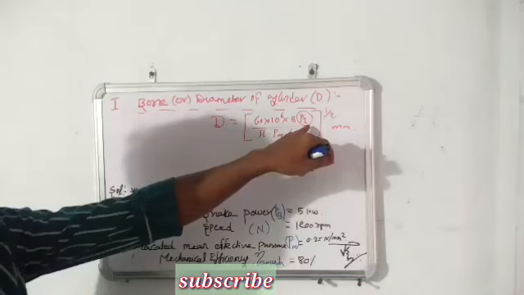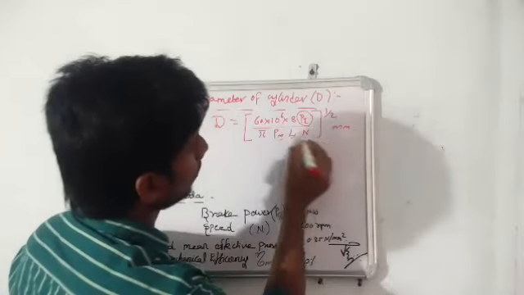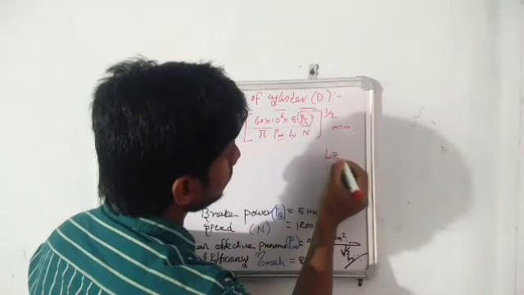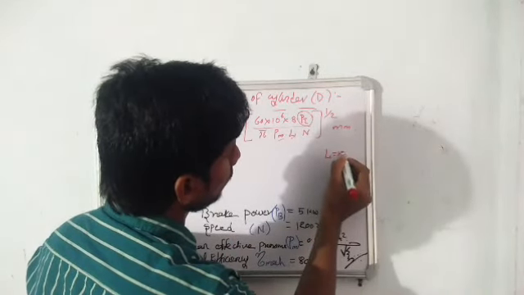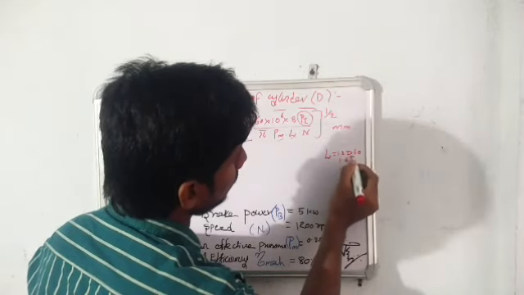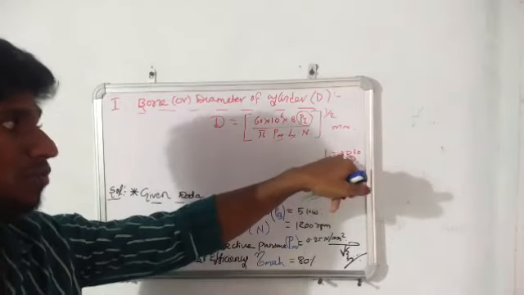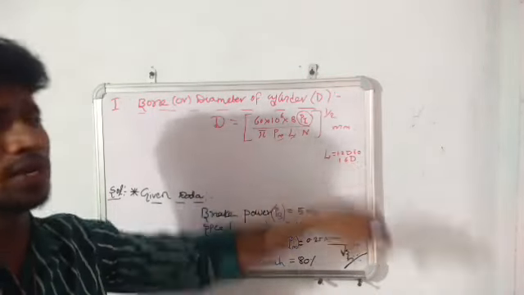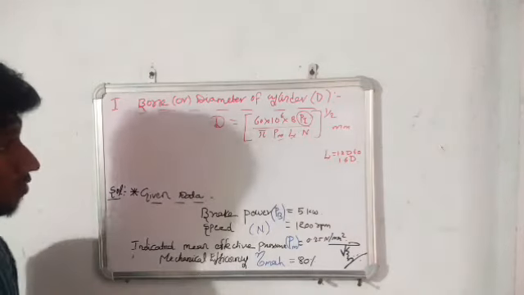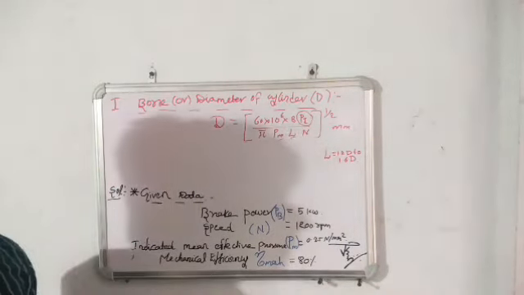If we know the indicated power, it is easy to find the diameter of the engine cylinder. And L is the length of stroke, between 1.2 times the diameter and 1.6 times the diameter. Let us consider a value between 1.2 and 1.6, as you wish. For this purpose we require the indicated power.